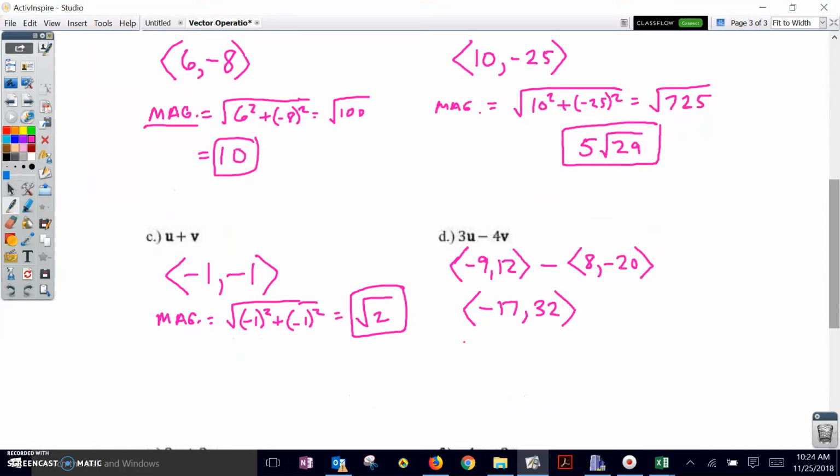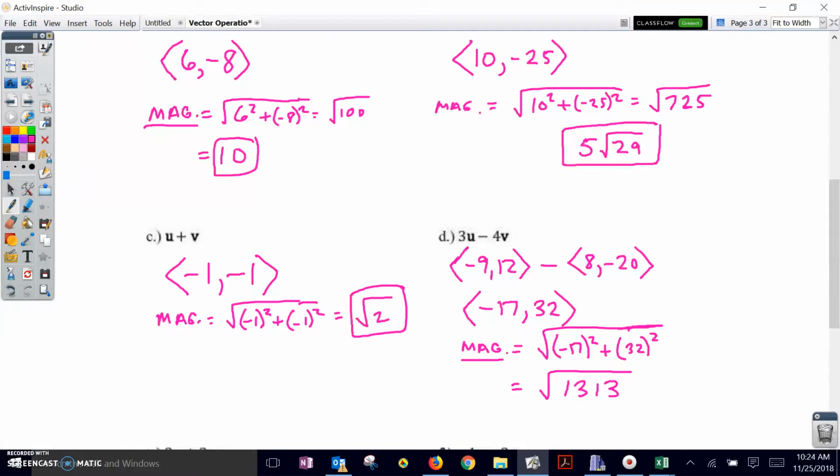The magnitude is going to be equal to the square root of -17 squared plus 32 squared, which is the square root of 289 plus 1,024, square root of 1313, which I don't think I can reduce.